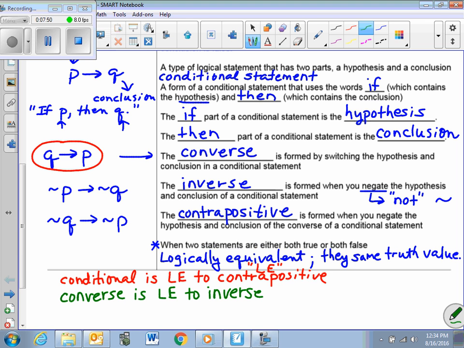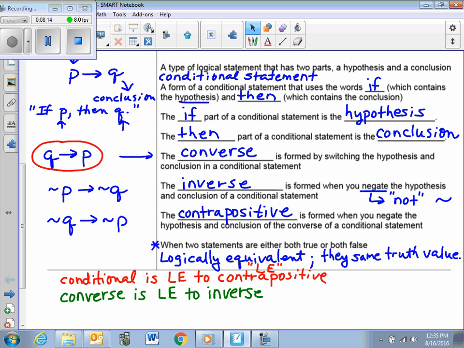So in other words, if I give you an inverse statement, I know that the converse will have the same truth value. Let's take our example we did a minute ago. If it is sunny this afternoon, then I will go to the pool. The converse of that would be if I go to the pool, then it is sunny this afternoon.